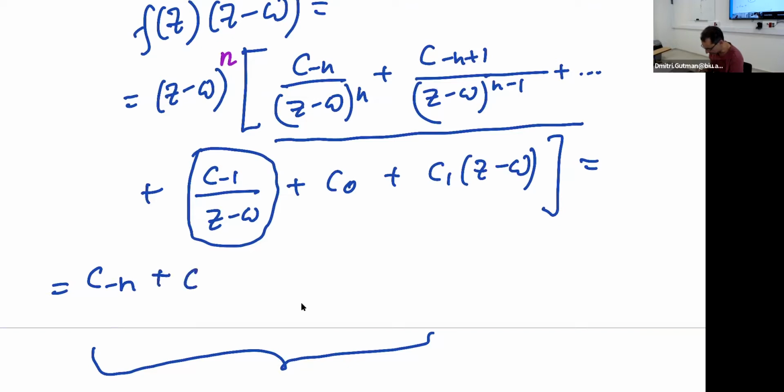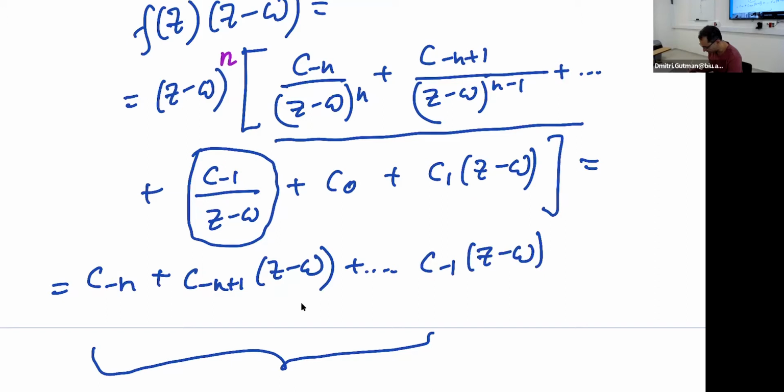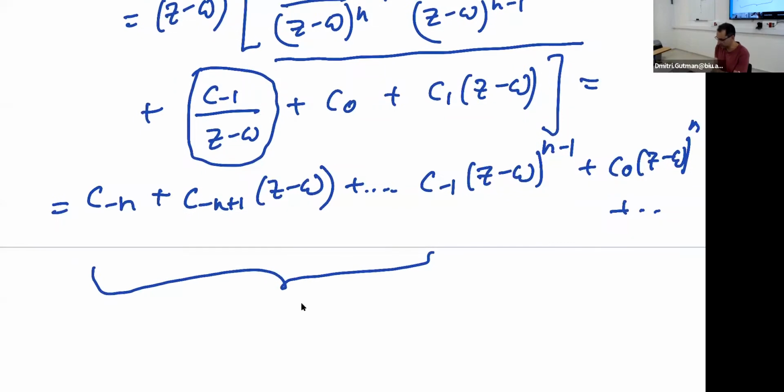Then we get c minus n plus 1 times z minus w, plus, and then we come to c minus 1 times z minus w to the power of n minus 1, plus c0 times z minus w to the power of n, and so on. So what next?